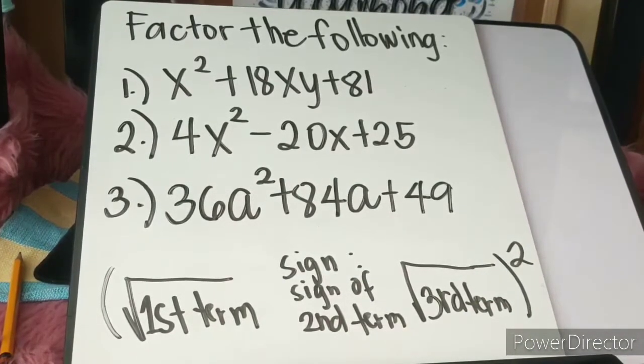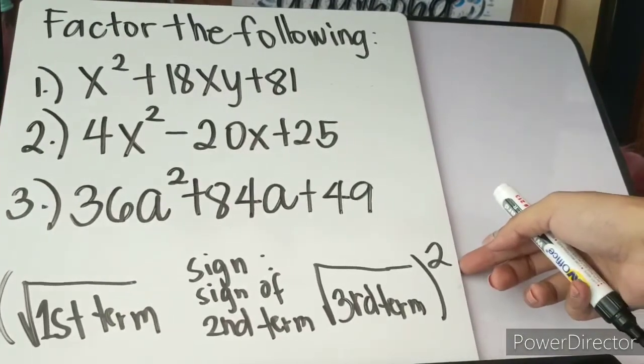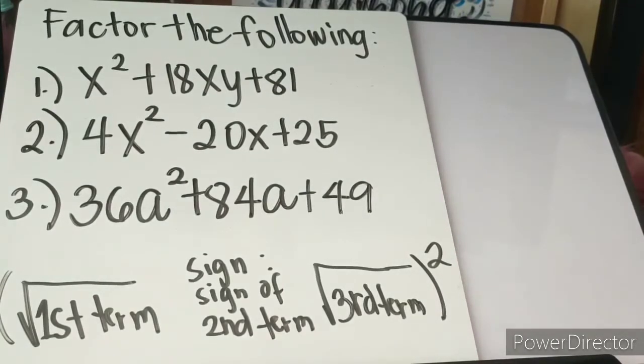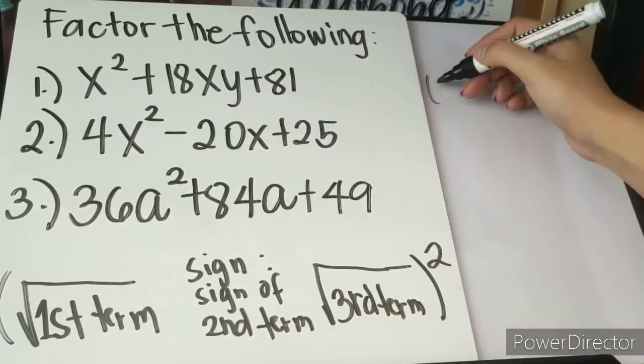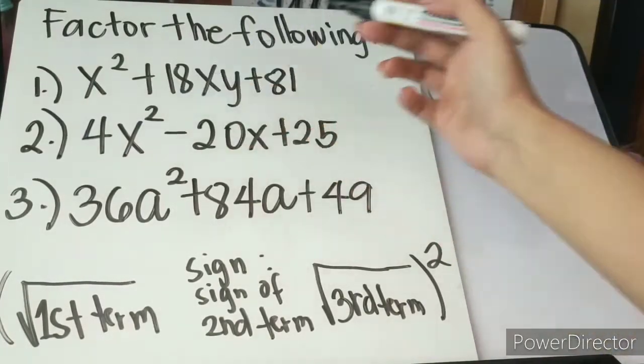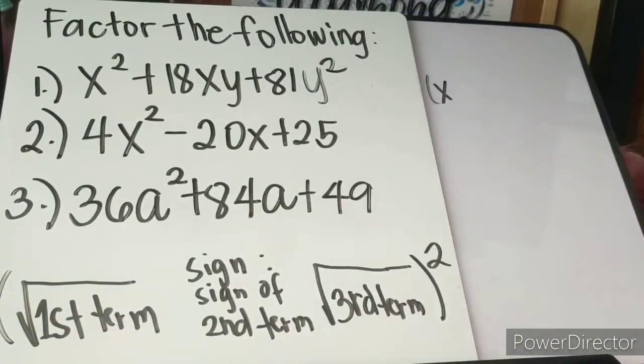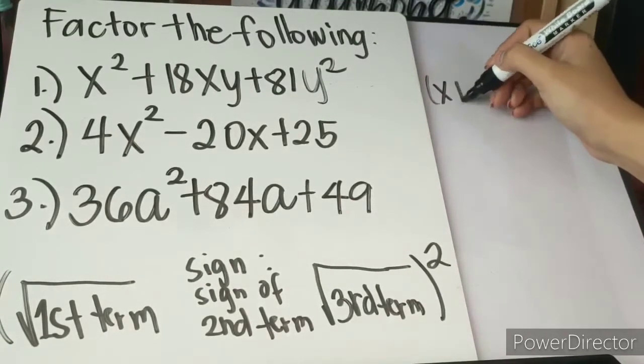Okay? So, let's now do it on our examples number 1, 2, and 3. Number 1, ang square root ni x squared is x. And middle sign natin, dahil plus 8, middle term natin or yung second term natin ay positive.